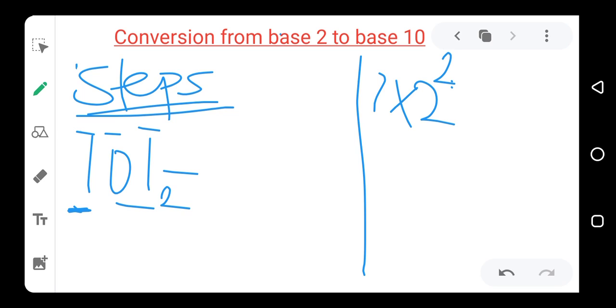Now we write plus. Now pick the second number, which is 0. We have 0. Now we say 0 times 2 again.